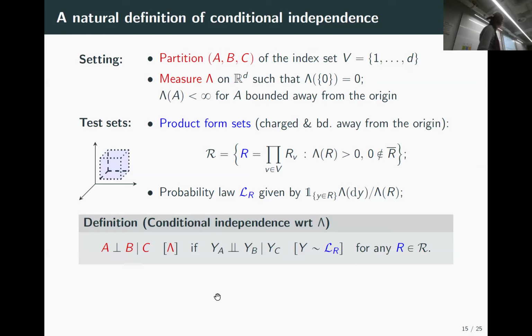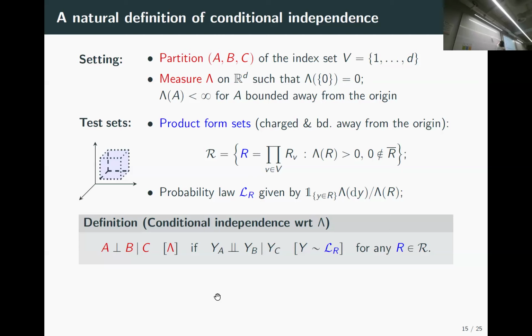So imagine, for instance, in R^3. Now we have three directions, so we could think about graphs like this. Each direction corresponds to one node. If we go away from the origin and take a little cube somewhere here, then we can take the measure lambda, because it's finite.